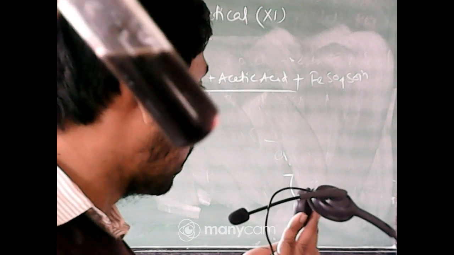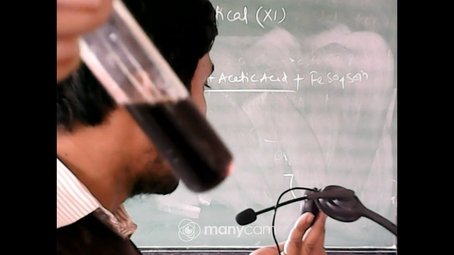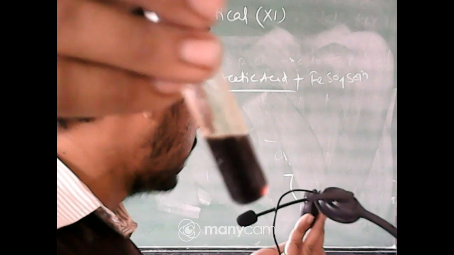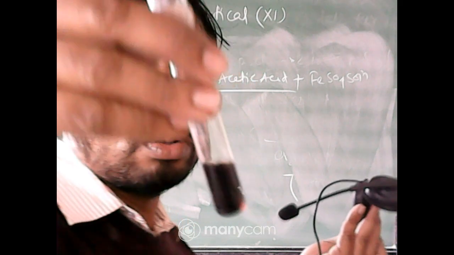It is looking like black, it is dark brown in color. So this dark brown color is the test for nitrite, NO2 minus.